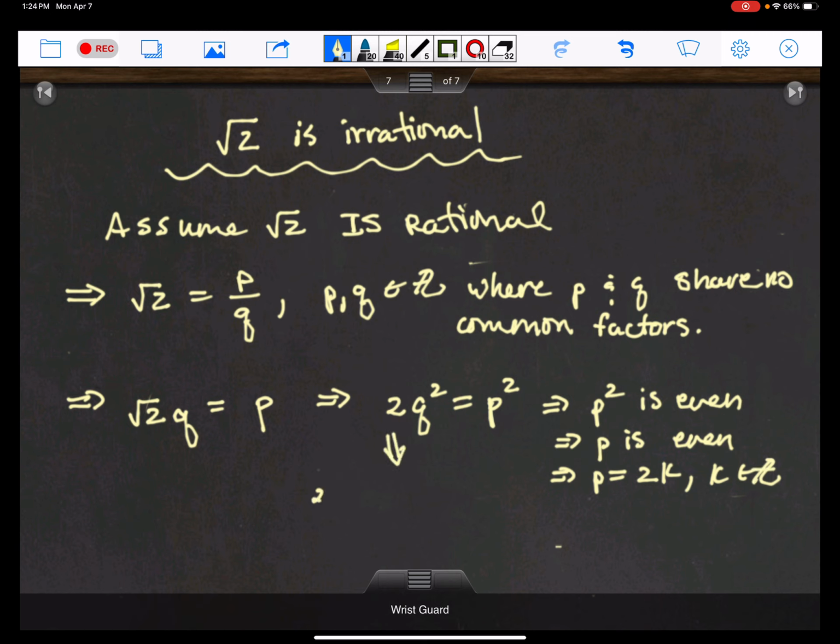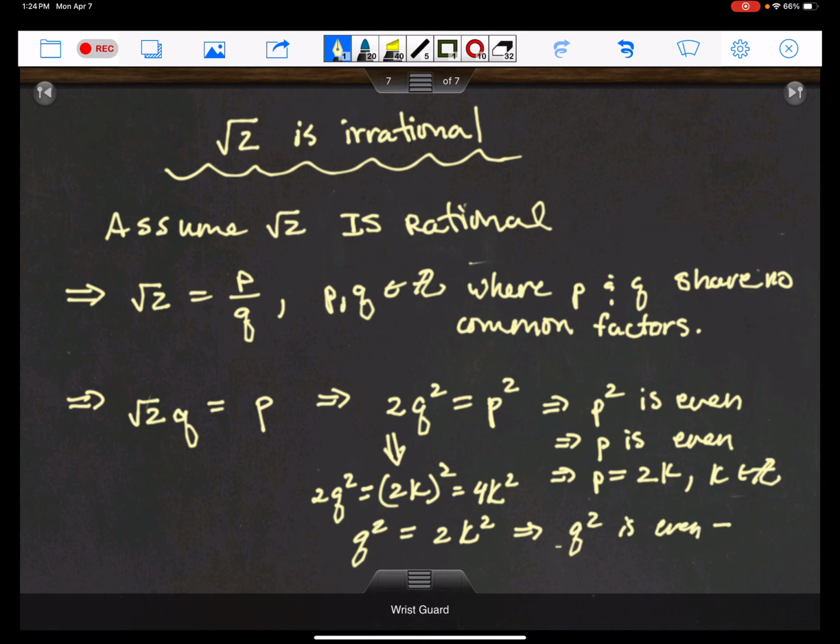This means we have 2q squared equals (2k) squared, because that's what p is, or 4k squared. If I divide both sides by 2, I get q squared is equal to 2k squared. And that means, since k is an integer, k squared is an integer, so q squared is even. And as we saw above, this means q is even.